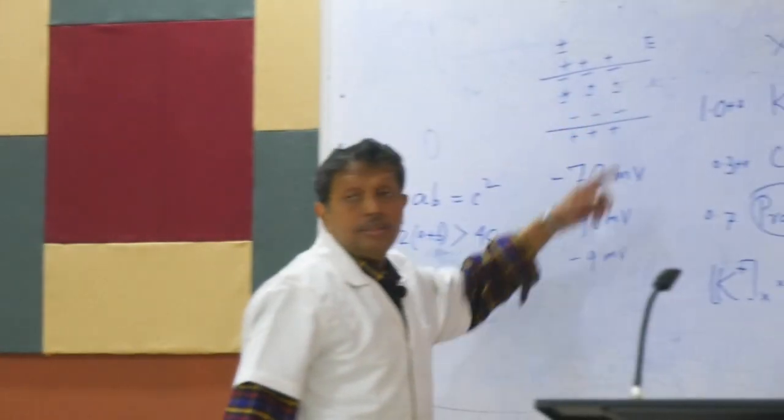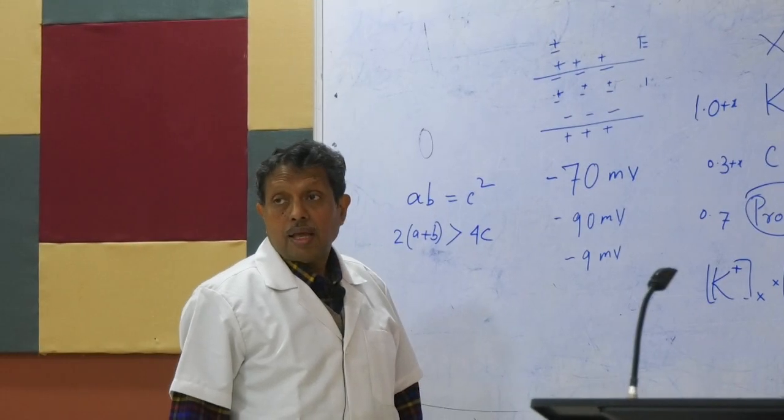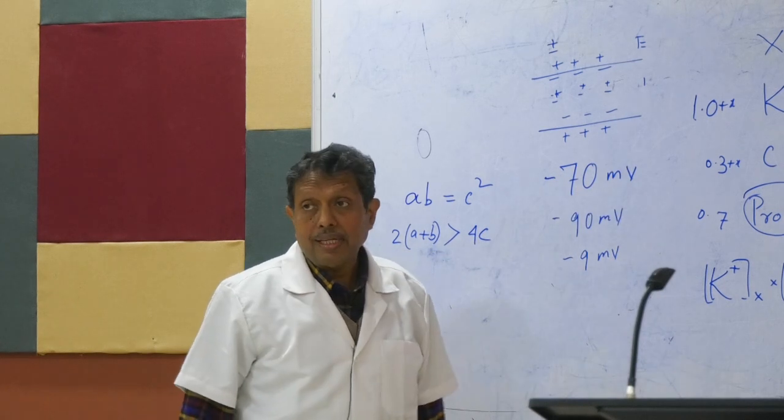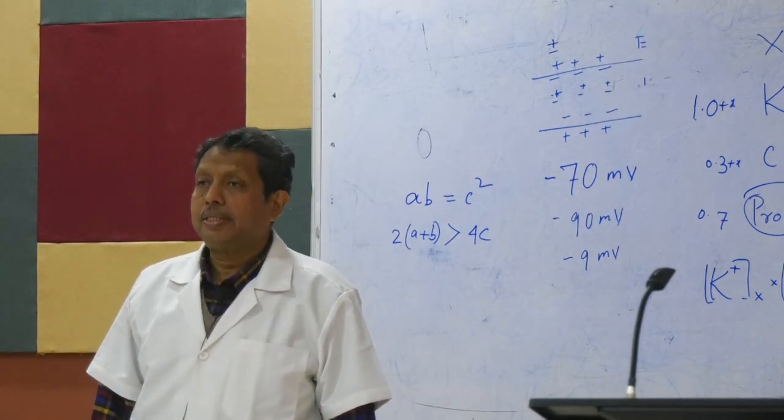But within the cells, across the membrane, there is the development of the membrane potential. Of the total ions, a very minute fraction is responsible for maintaining this charge difference. And that can also be calculated. And in this, the membrane behaves as a capacitor.